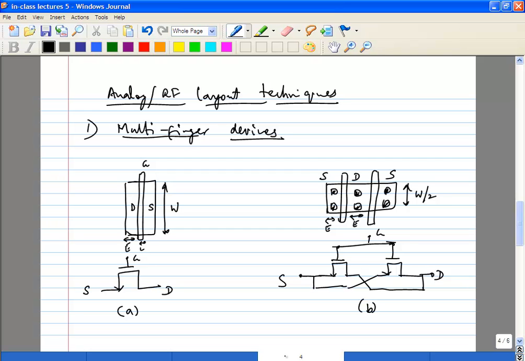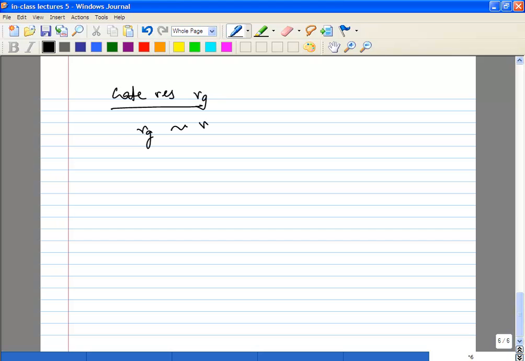You have Rg by 2 because it's proportional to the length, and those two are in parallel. So to a crude estimate, it becomes 1/4 the original resistance. In reality, that's not true because the actual gate resistance is a distributed quantity. Just like this transistor, there's a transistor all the way along, and each signal sees a different resistance. So there is an expression in terms of the number of fingers, but it will go approximately as Rg over 4 for 2 fingers.